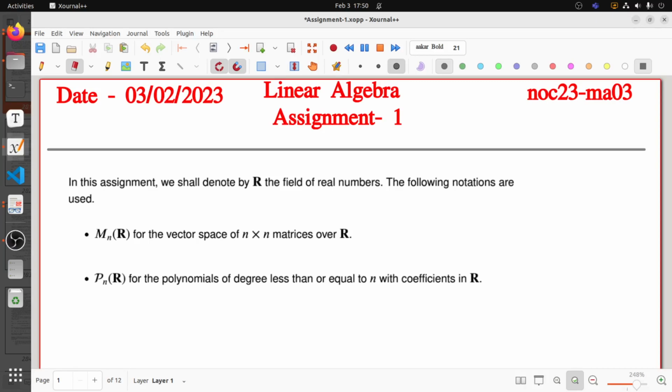Okay. Now you have to check the associativity.